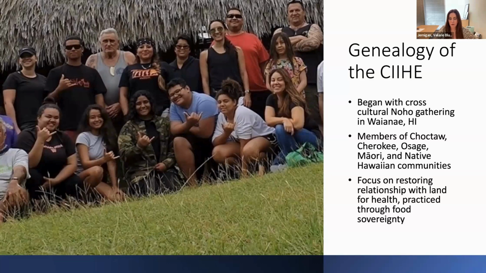And we came together with our Native Hawaiian partners and Maori partners, really focused on restoring the relationships that our communities have with the land and how to do this to promote better health. And we decided that the best way to go about this for the particular goals we wanted to accomplish was to focus on food sovereignty. And so that is really the focus of the NOHO in 2018. And from that, the CIHI was born.